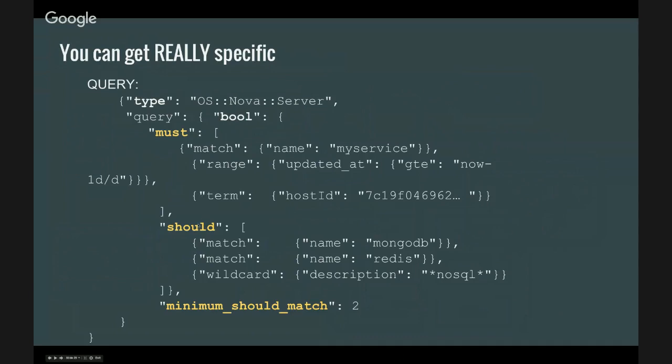I also should match on some other things. And then you can say minimum should match. So you could say, I have 3 things that must match. Here's 3 other things that should match. And only return a result if at least, say, 2 of those shoulds actually do match. And so you can get really creative with your queries and get very interesting.